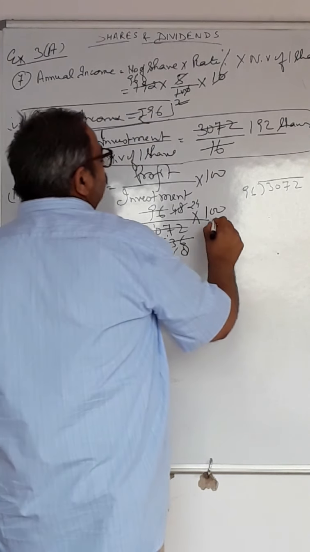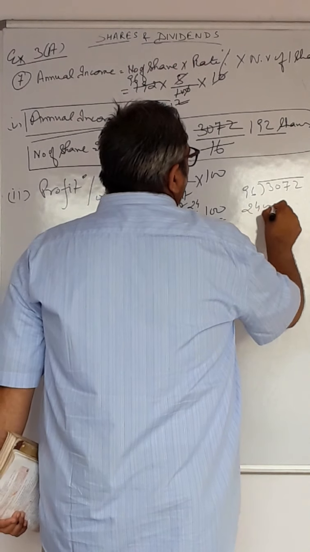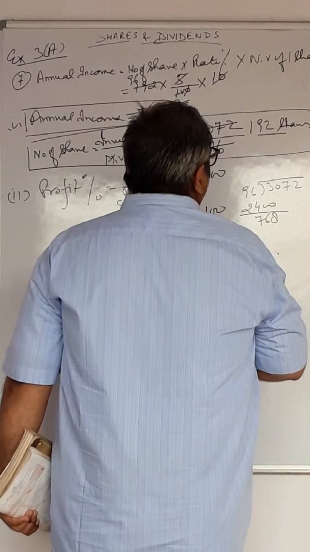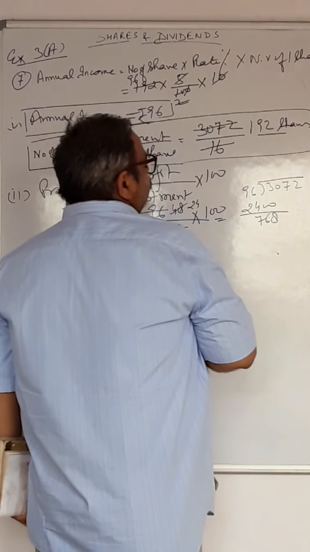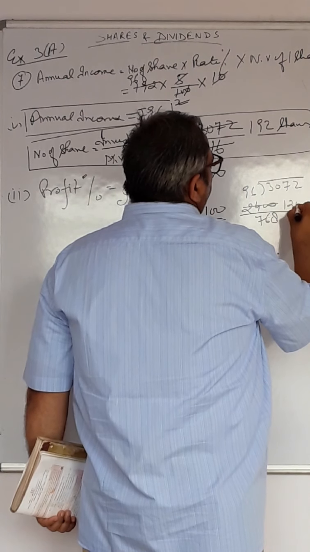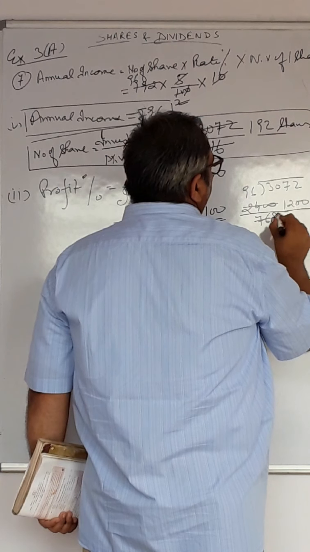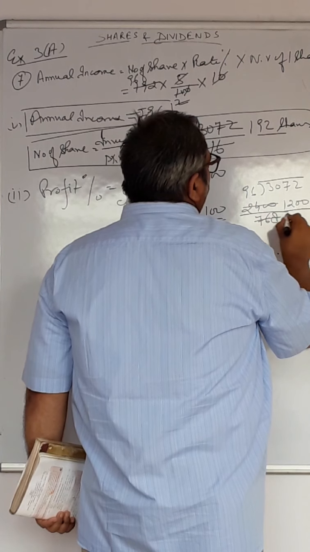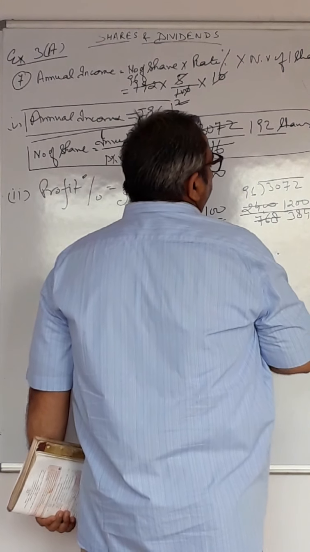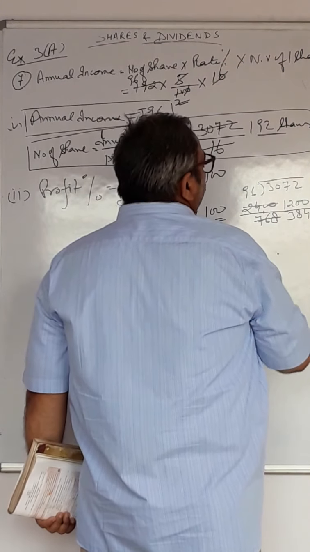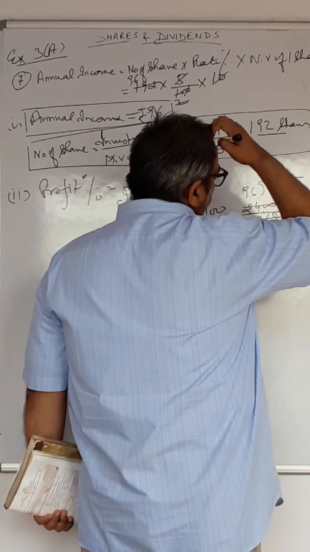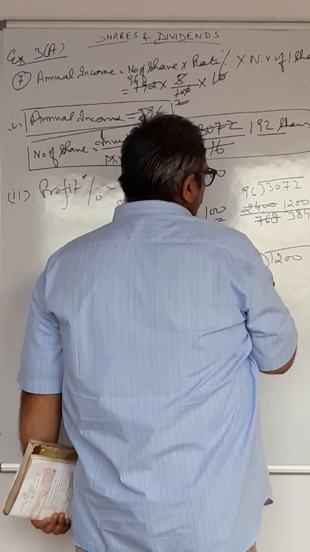Can be written as 2400 over 768. Further cancellation, 1200 over 384.